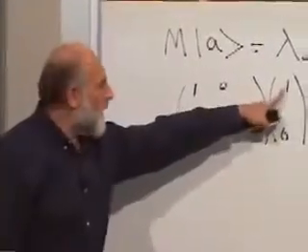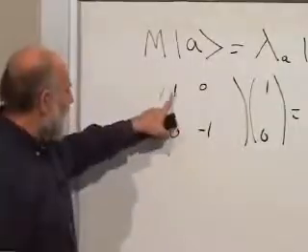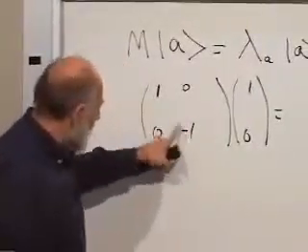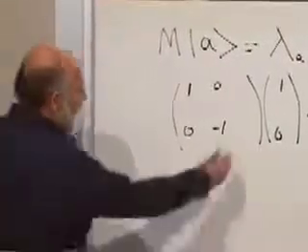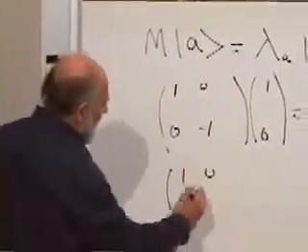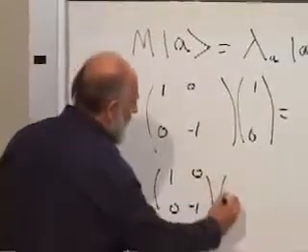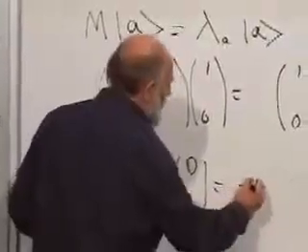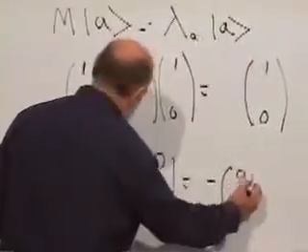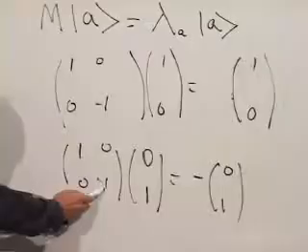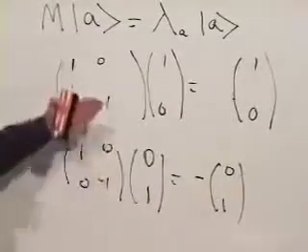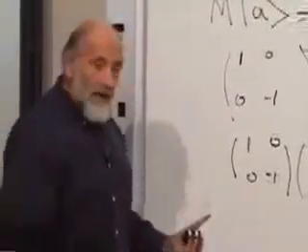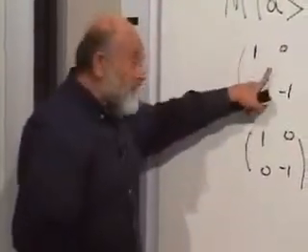So the state with the electron up is an eigenvector of a certain observable, which is represented by a matrix. And the other eigenvector is (0, 1), and that is equal to minus (0, 1). The minus comes from this minus sign over here. So the two states of the electron, up and down, are eigenvectors of the spin operator.